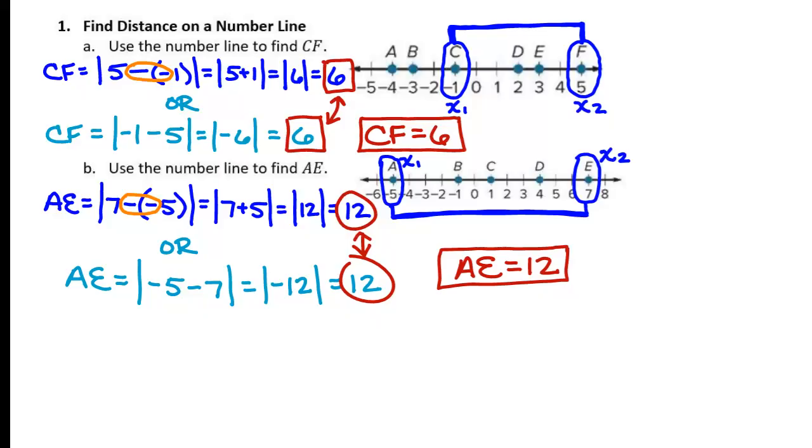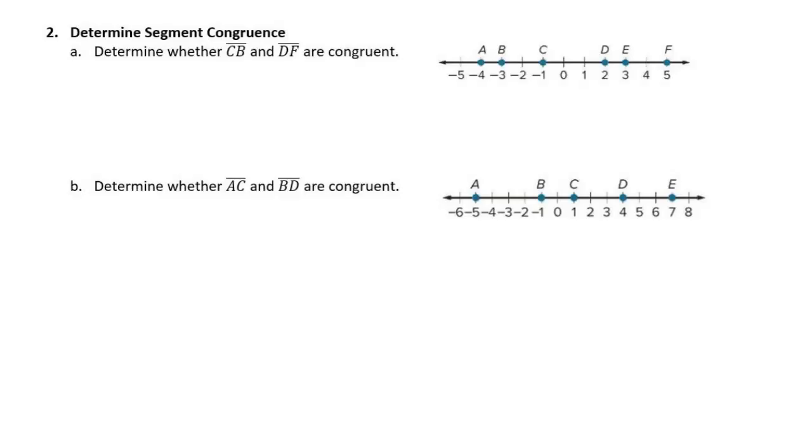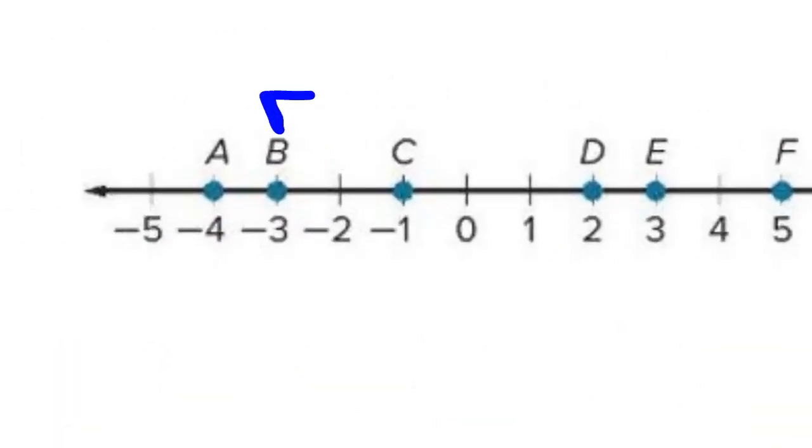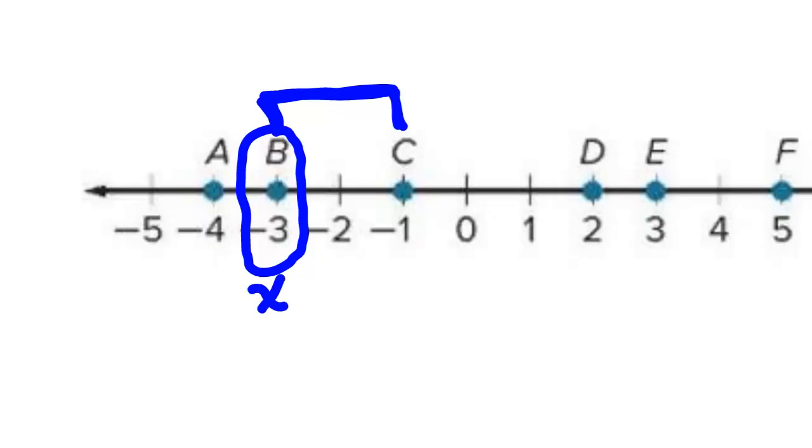All right. Let's look at number 2. We're going to determine some congruence here. Are these things the same size? So we want to determine whether segments CB and DF are congruent. Well, here's C and B. So I'm going to call B my x1, and I'm going to call C my x2.